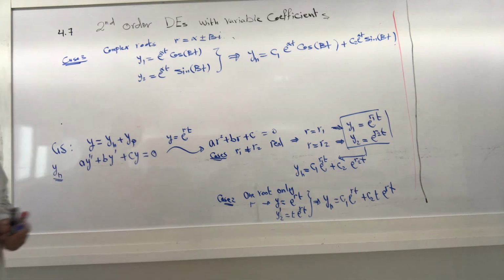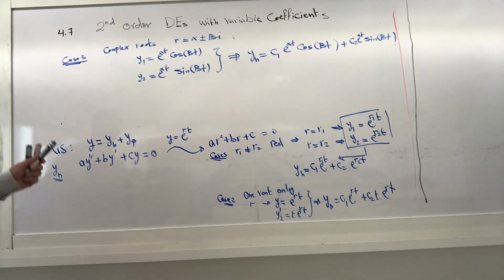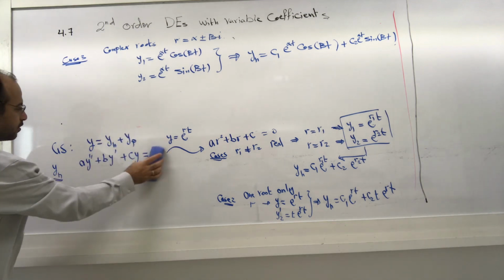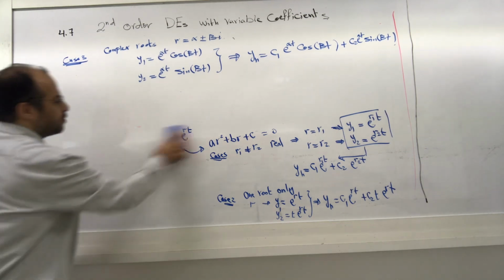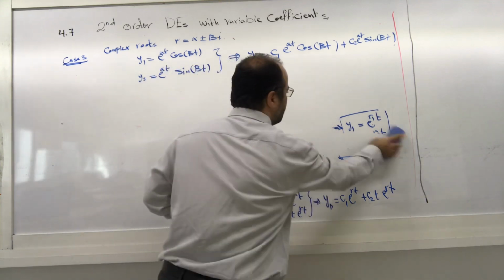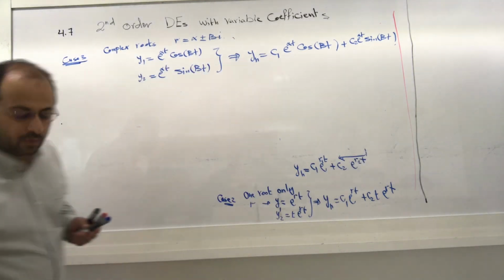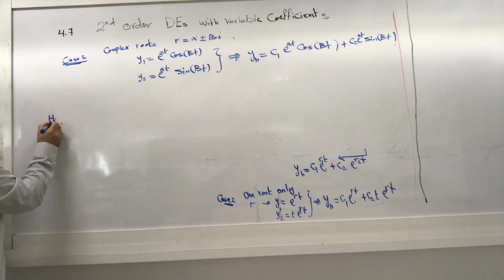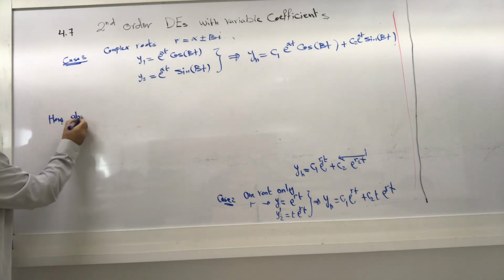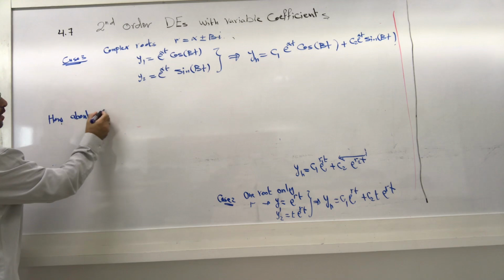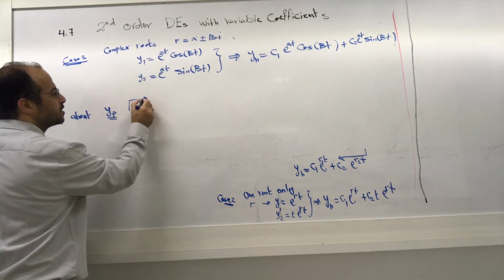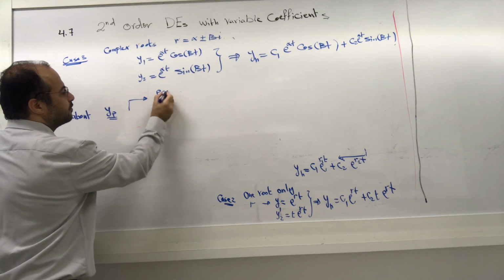Now we are not in this case; this is if you have constant coefficients. For y particular, I'm just going to remind you. There were 2 ways to find y particular. You look at your f of t.